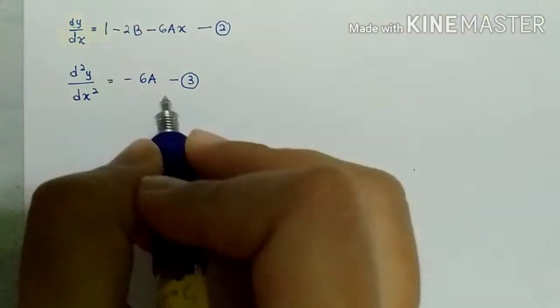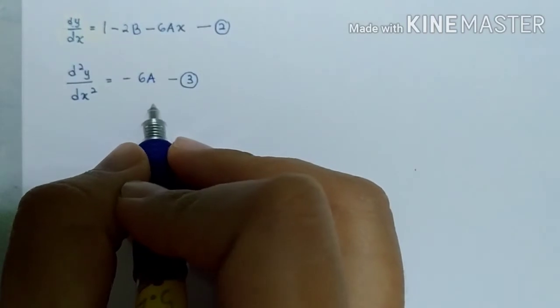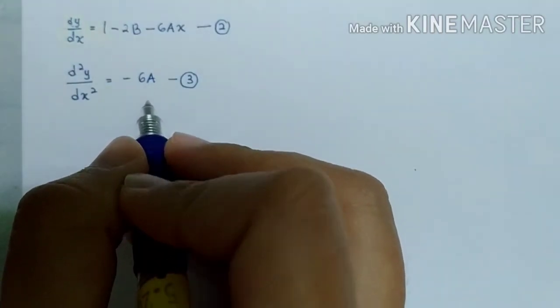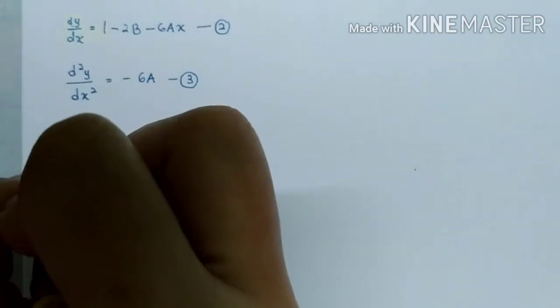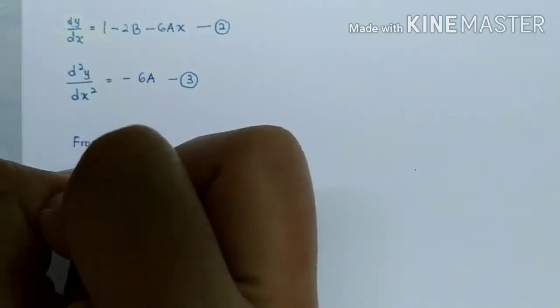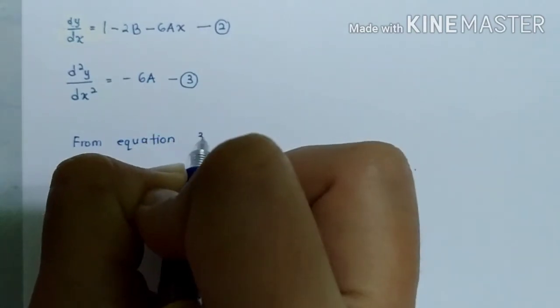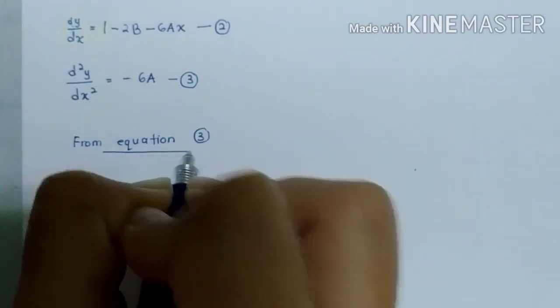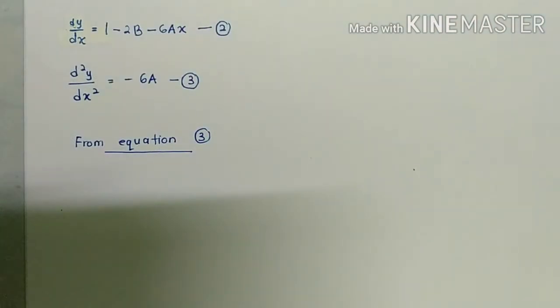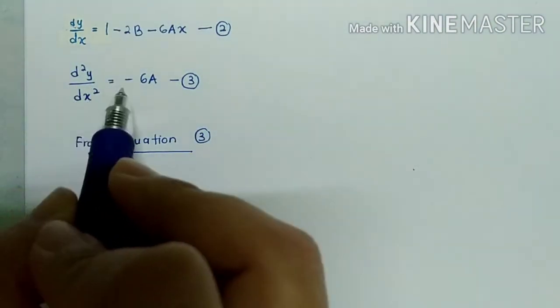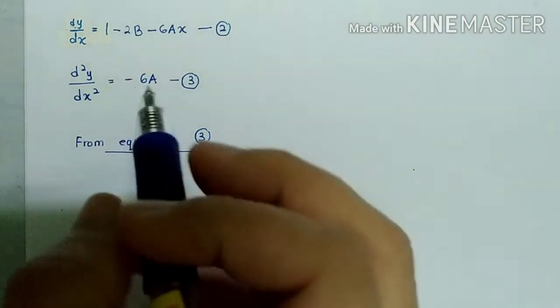From the third equation, we can get a as the subject. From equation 3, we have d square y dx square equals negative 6a.